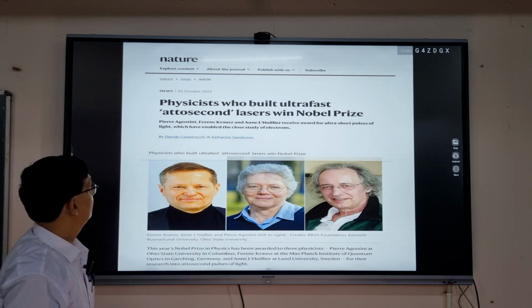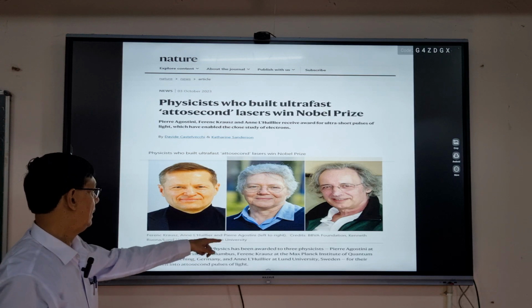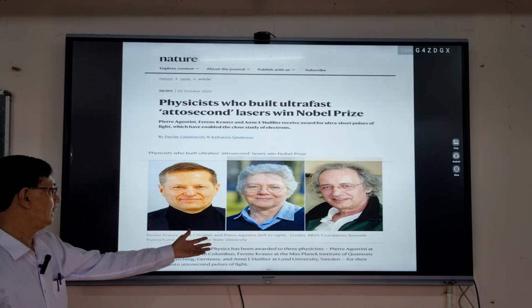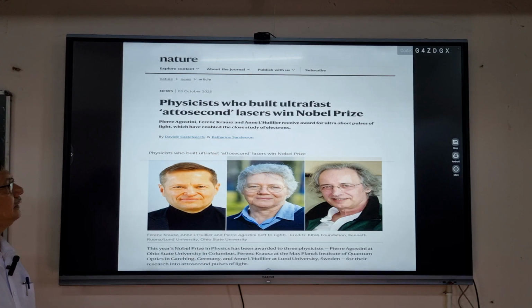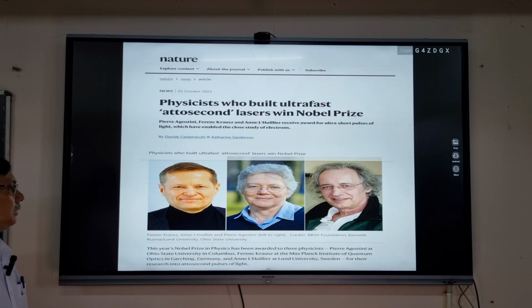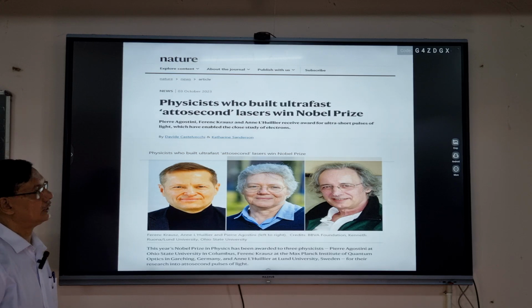The great scientists Krausz, L'Huillier and Agostini, left and right, are from Ohio State University, some from Lund University, Sweden. They have been awarded the Nobel Prize in physics in 2023 for attosecond spectroscopy. So now you can understand their contribution.